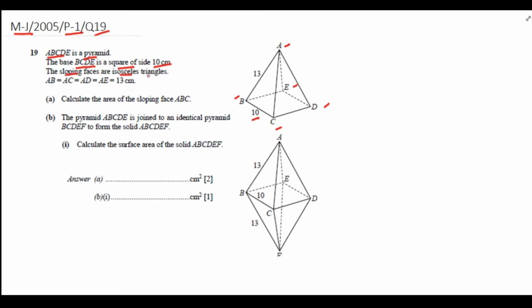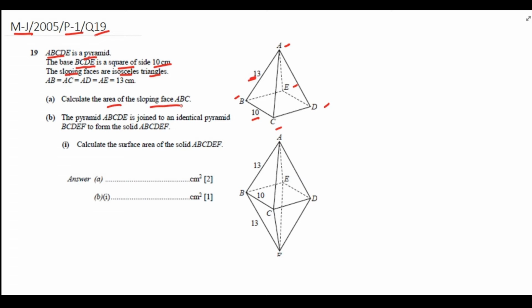The sloping faces are isosceles triangles. AB is equal to AC is equal to AD is equal to AE is equal to 13 as shown in the figure. Part A, calculate the area of sloping face ABC.